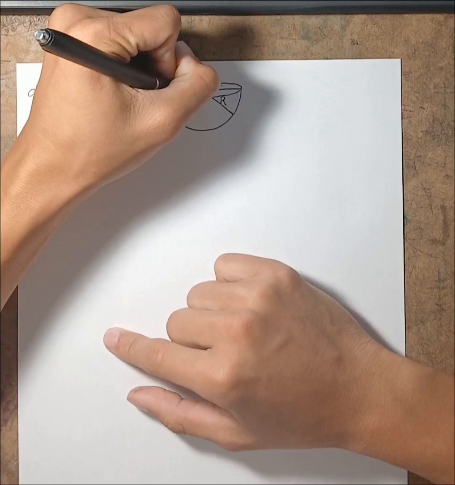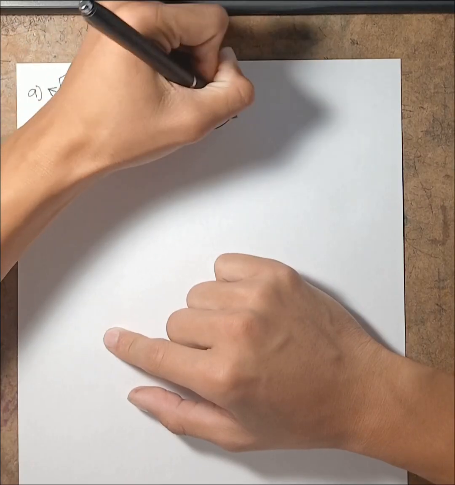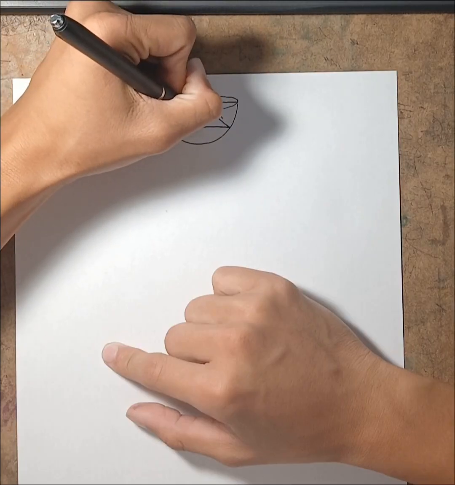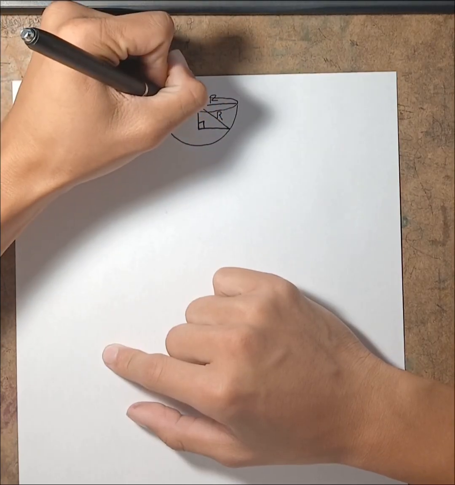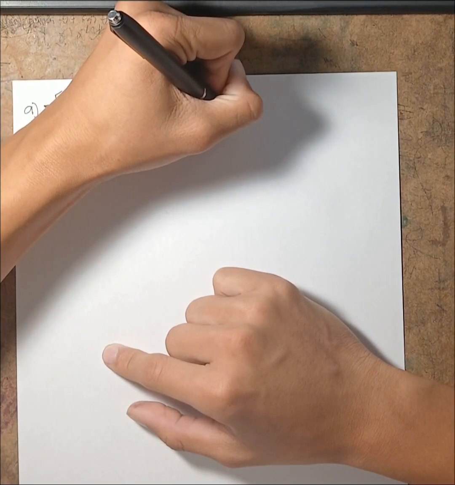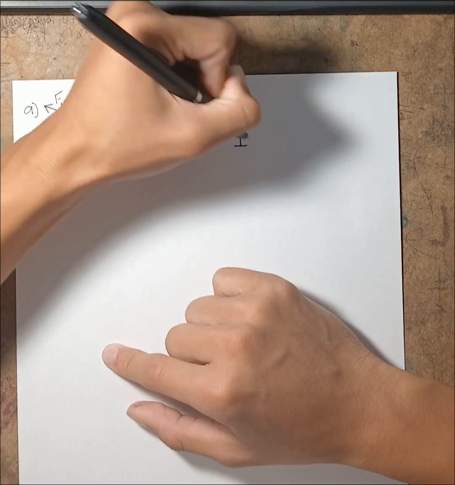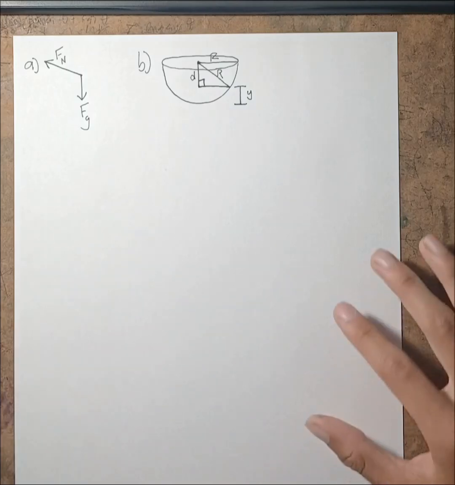This will be the vertical distance from the center of the sphere to the ball, and this will be the horizontal distance from the center of the sphere to the ball. They make a right angle. This is called D, and the distance from the ball to the bottom of the bowl is Y, like that.